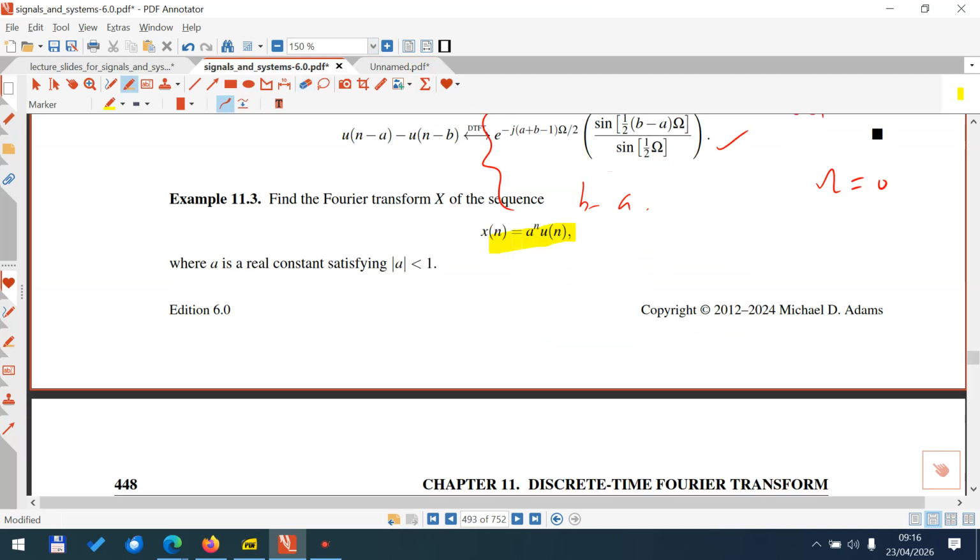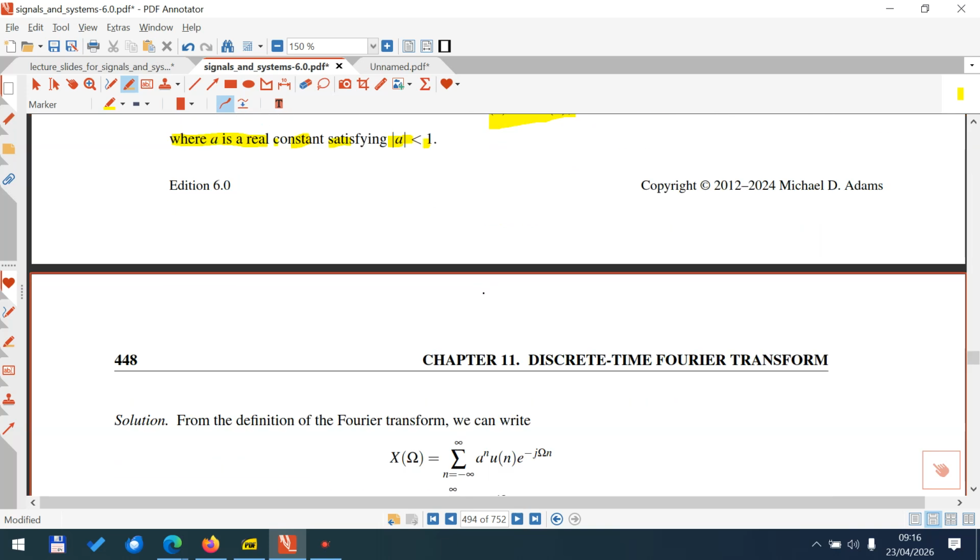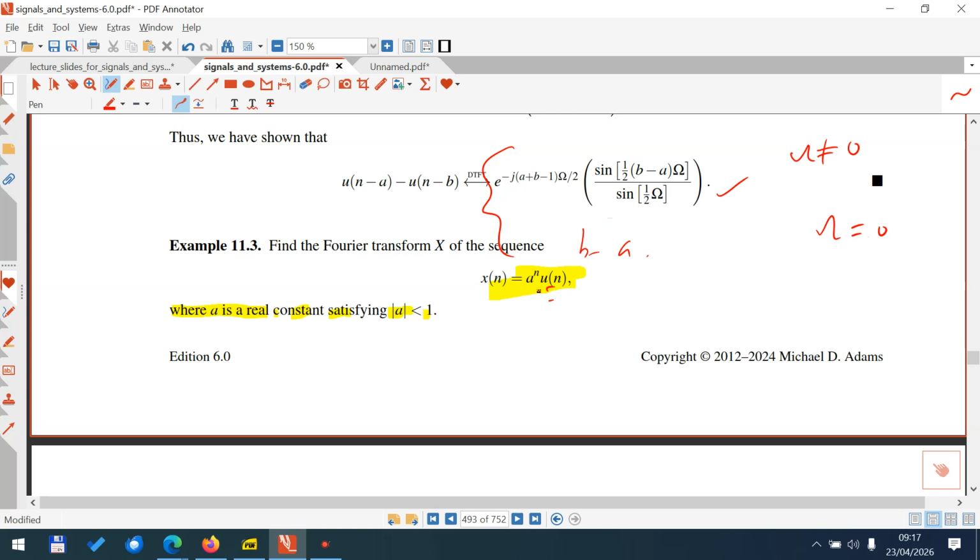So now you have this sequence a, and you are given this extra piece of information that the absolute value of a is less than 1. So if you now apply this summation, right? This is your x of n, this is the exponential, and if you now apply that formula, the actual values are from 0 to infinity because u of n is only non-zero for non-negative values.